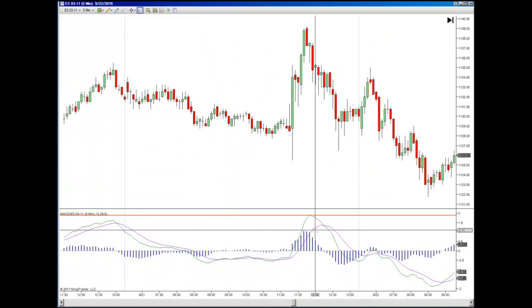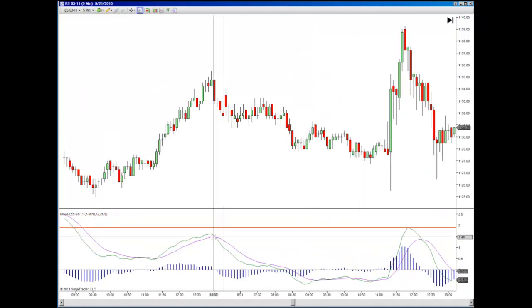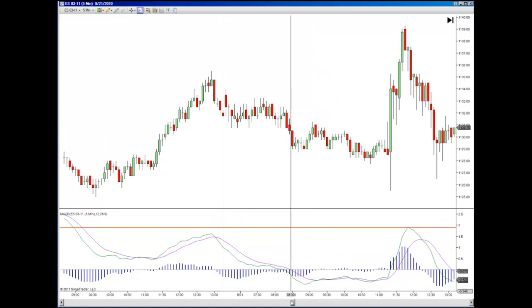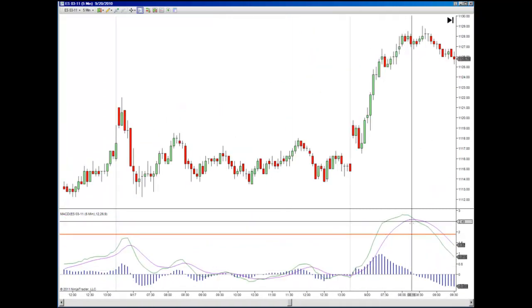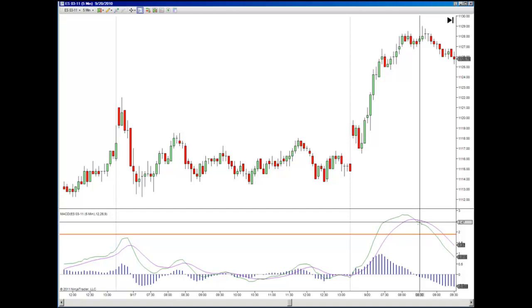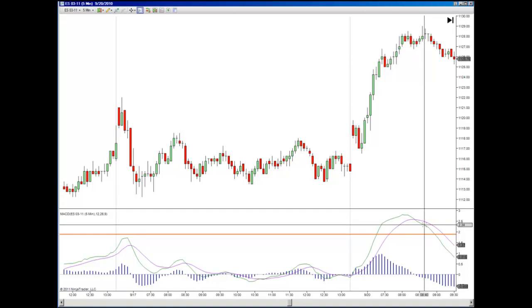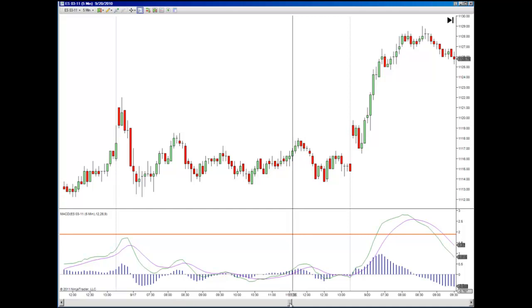Notice here again at a different point in time, the same line that we had and how it came to it and started to change. These extremes work. Now take a look here, it never quite made it to it. Once again, if we do go outside of the extreme and we get a signal from above the extreme, there is a high probability that prices will take a turn lower and we will see a change in direction.